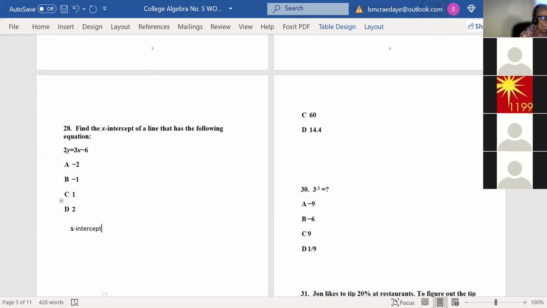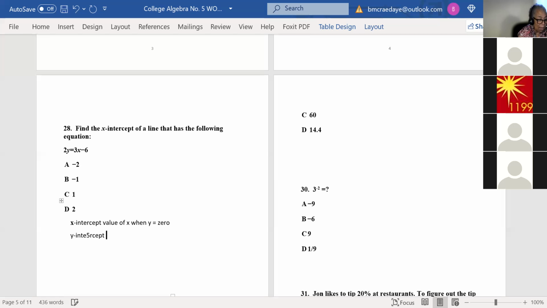Now, normally we think in terms of the y-intercept, right? The y-intercept is the value of y when x equals 0, which is the normal one you think of.